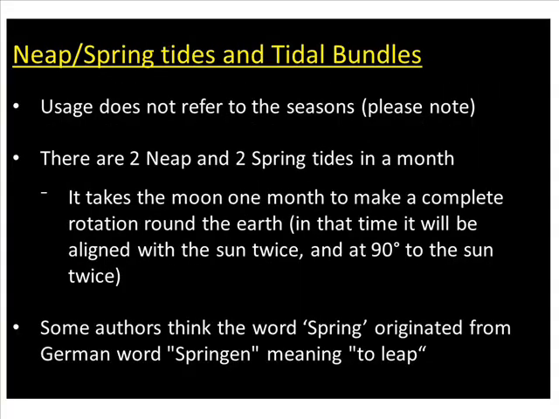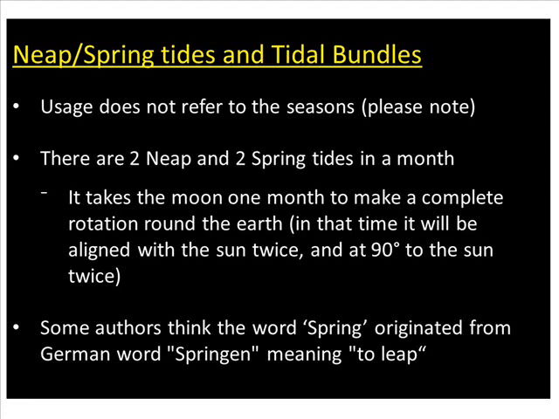Alright, a little bit about neap and spring tides and tidal bundles. Firstly, let's note that the words neap and spring as used here do not refer to the seasons. There are 2 neap and 2 spring tides in a month, and that is because it takes the moon 1 month to make a complete rotation around the Earth. During that 1 month cycle, the moon will be aligned with the sun twice and at 90 degrees to the sun twice.